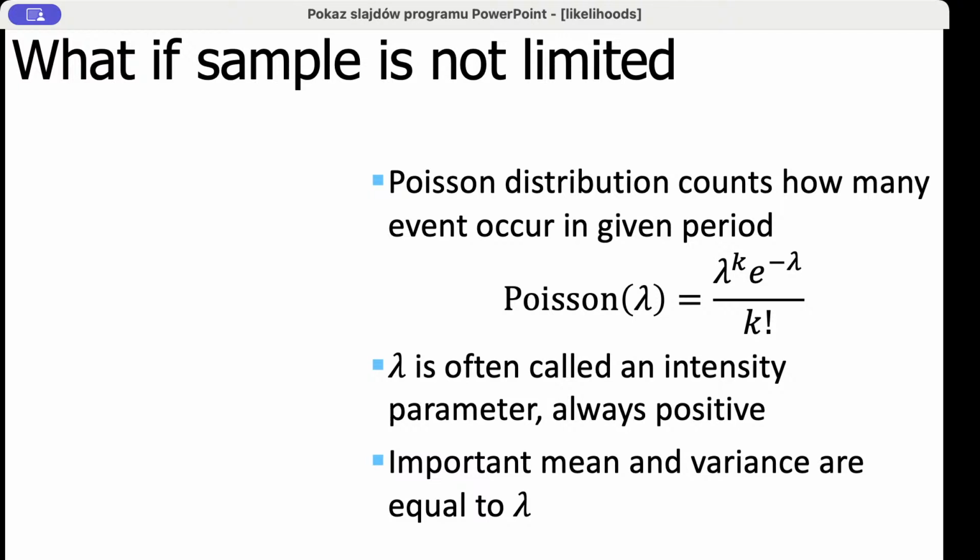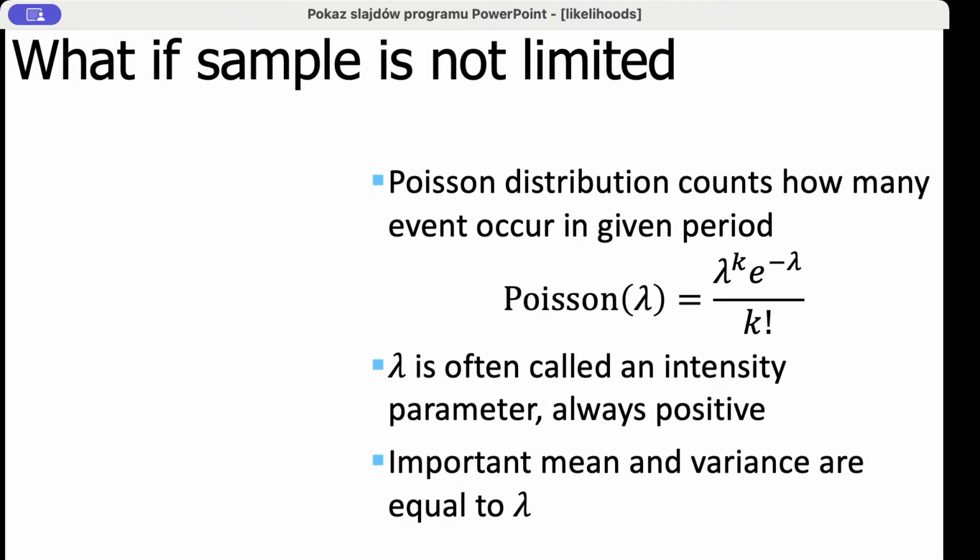In such a case, we have a so-called intensity parameter, an always positive parameter that represents how likely a certain event is to happen in a given period, or how many events are on average probable to happen.